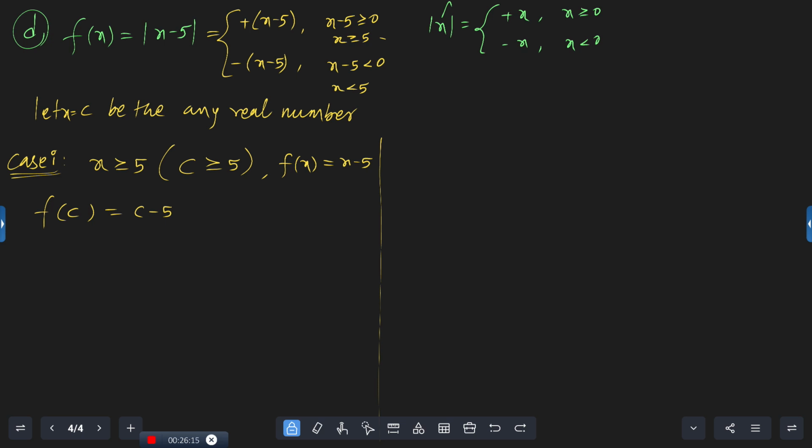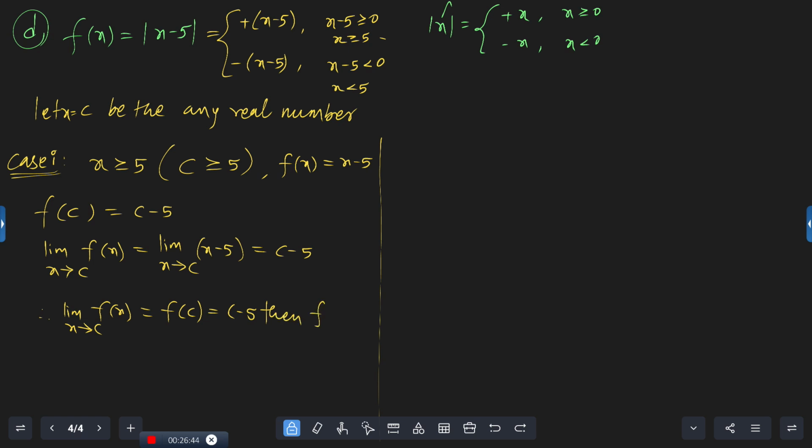Like that, the limit as x tends to c of f of x is equal to the limit as x tends to c of x minus 5. Instead of x, replace c, giving c minus 5. Now both are the same. So the limit value and f of c both are equal to c minus 5. Then f of x is continuous.